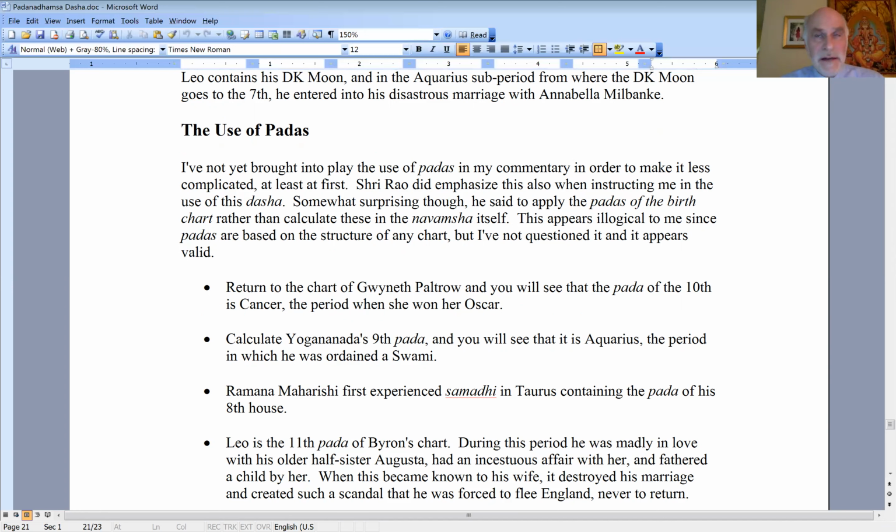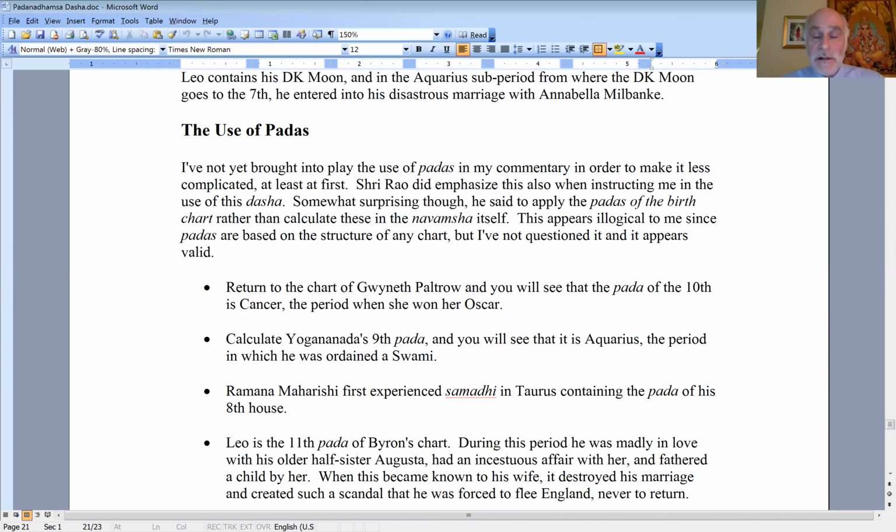But curiously enough, when K.N. Rao taught me this Dasha, he said that what you wanted to do is to apply padas when interpreting this Dasha, but you're applying padas that are calculated based on the birth chart, not the Navamsha. Which, you may be saying, sounds like an illogical concept because padas are based on the structure of a chart. This was my reaction as well.